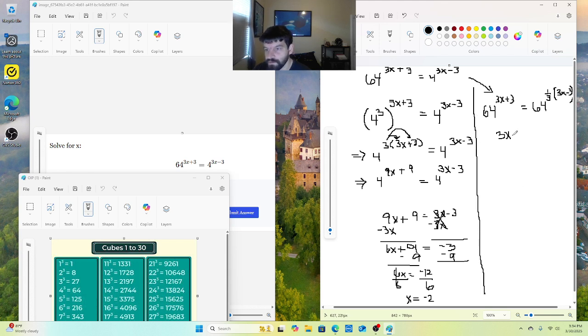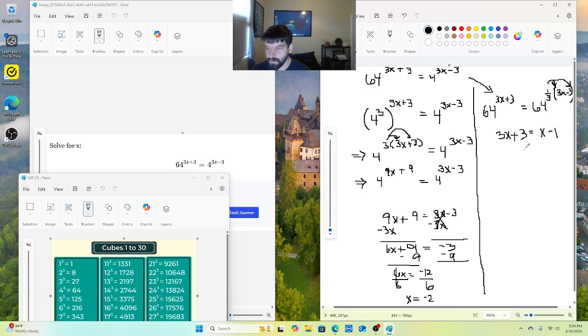So 3x plus 3, and then you distribute the 1/3 into 3x minus 3, so 1/3 times 3x is just x.